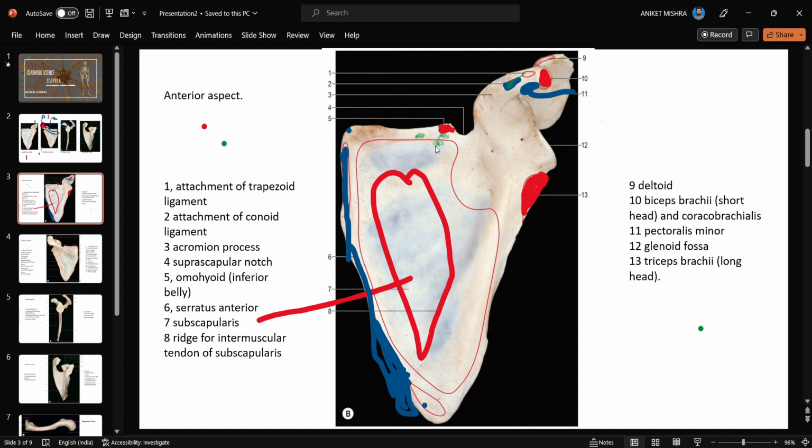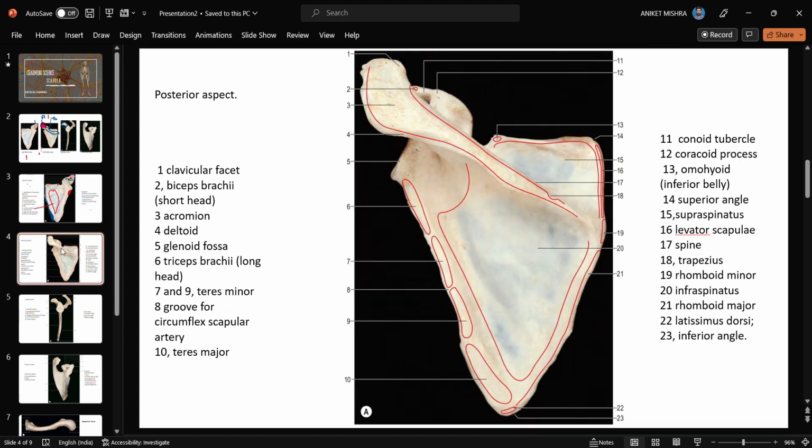So when we talk about the posterior aspect of the scapula, we have discussed the landmarks that are present. Today we are going to talk about which muscles originate and insert on the dorsal aspect of the scapula.